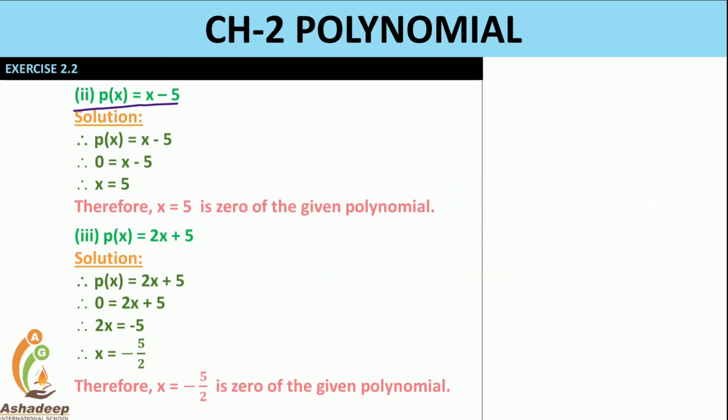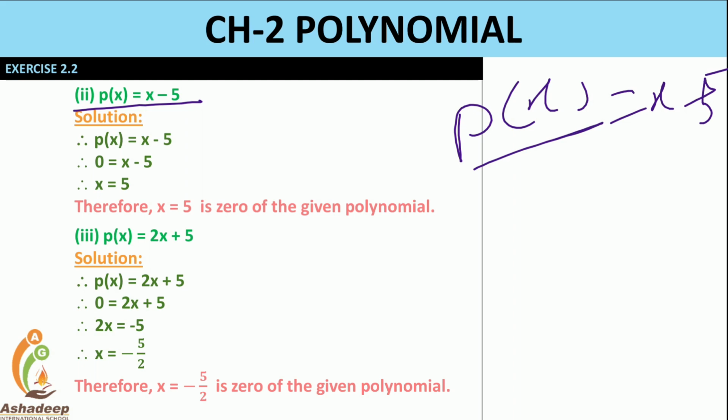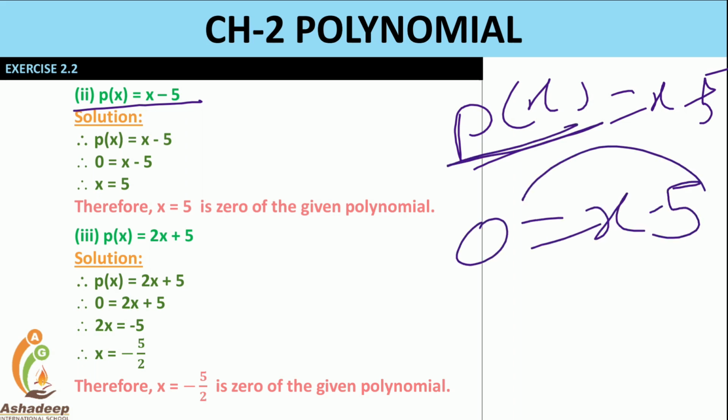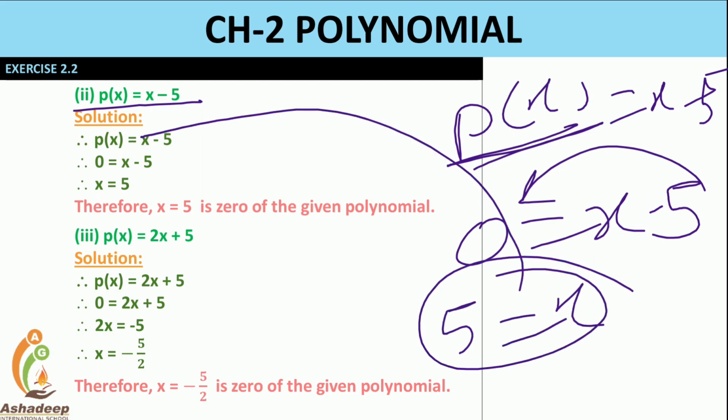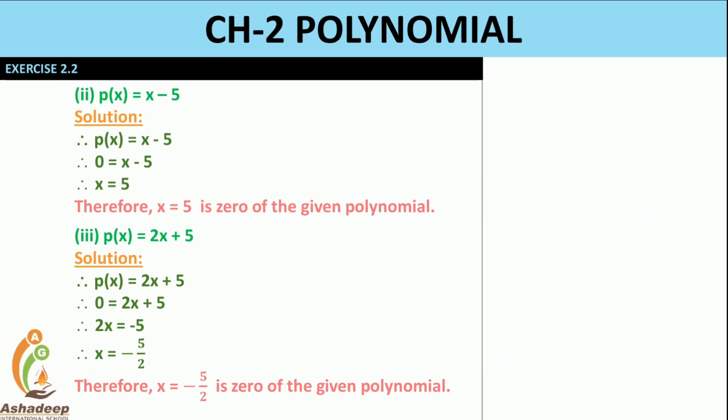Now here p of x is equal to x minus 5. What you have to do is, instead of p of x, write down 0. Minus 5 comes onto the other side, it becomes plus. So x is equal to 5 is the 0 of the given polynomial.